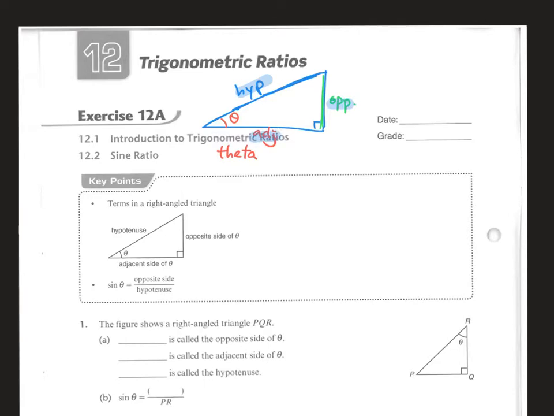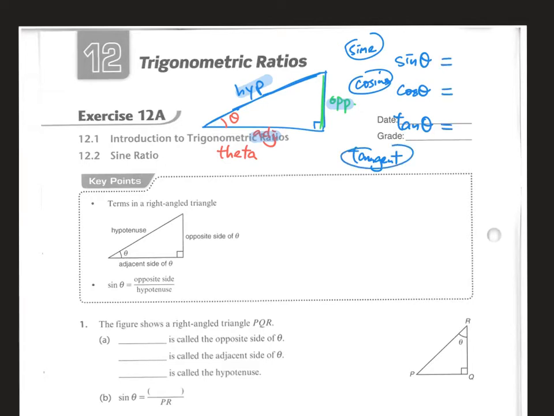With these three sides, we can write three different ratios related to theta. One is called sine theta, so remember the pronunciation. We have cosine theta, and lastly we have tangent theta. These words are hard because all of them are new to you.